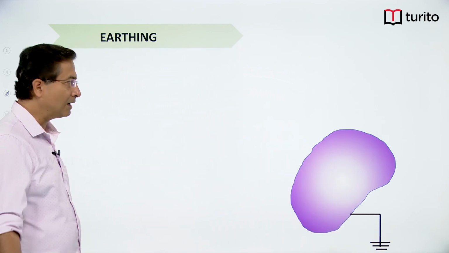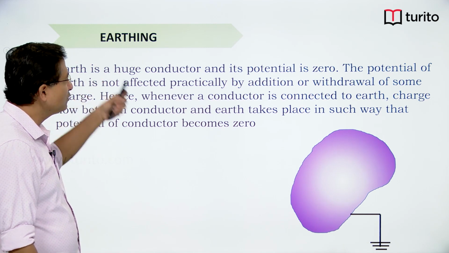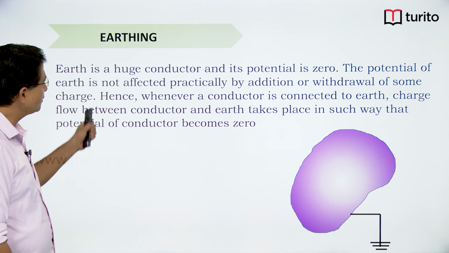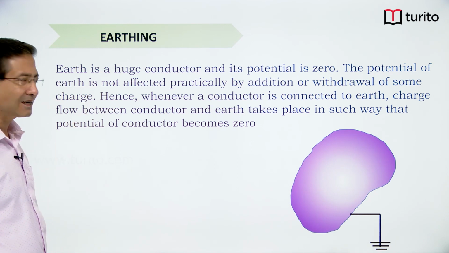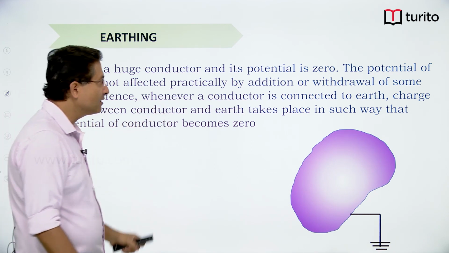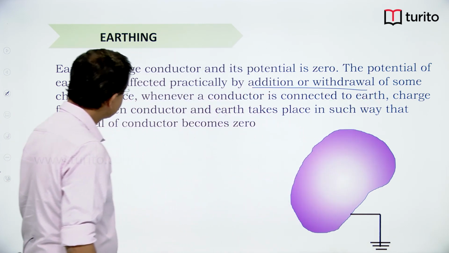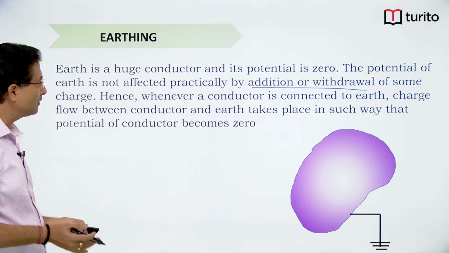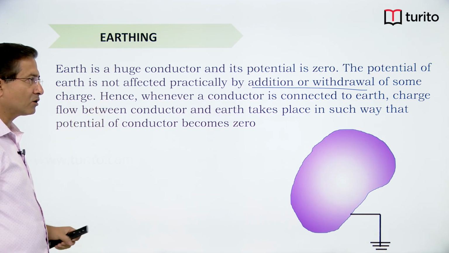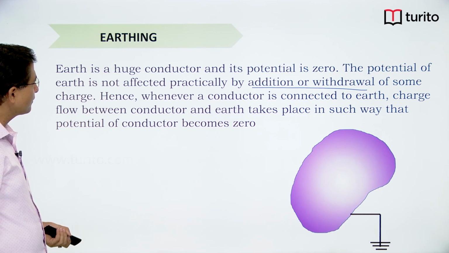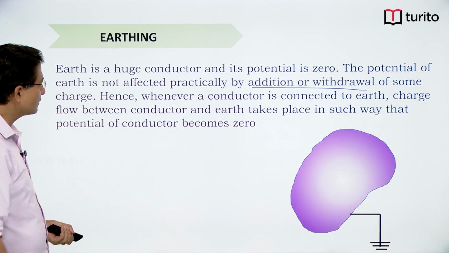So, what we have just discussed: earth is a huge conductor and its potential is assumed to be 0. The potential of earth is not affected practically by addition or withdrawal of some charges because it is very big. So, its potential is not going to change by exchange of charged particles between the conductor and earth.